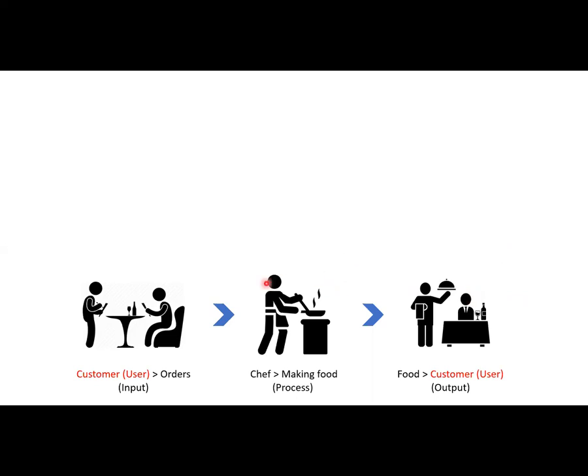So what is the basic process of a restaurant? The basic process is when a customer comes and orders food, then the chef makes the ordered food. Finally, the ordered food is delivered to the customer. But the main process is making food.